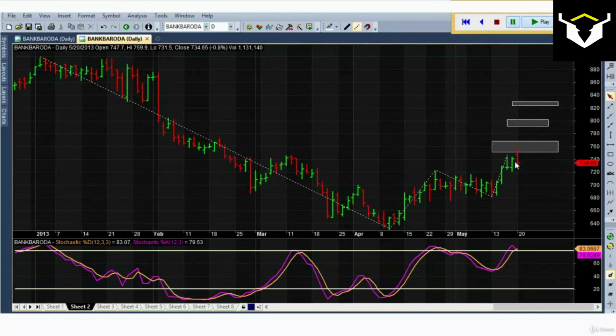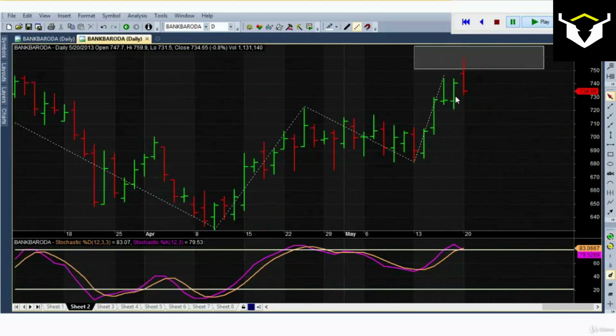Okay, as of the last bar, prices have hit first cluster of 760 range, and stochastic oscillator has given a bearish crossover, and you can see the bar itself has given a negative sell. In fact, a reversal day where it opened above the high of previous bar, made a new high but failed to sustain the higher levels and gave a negative closing.